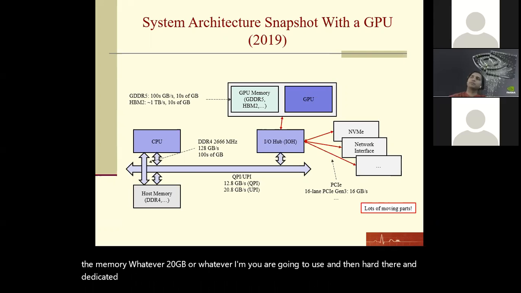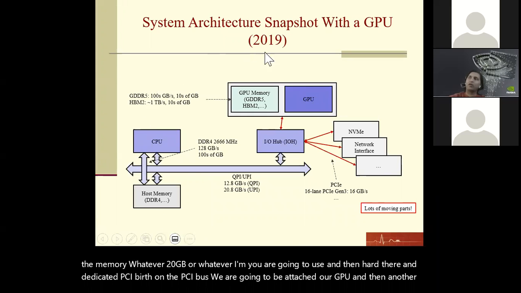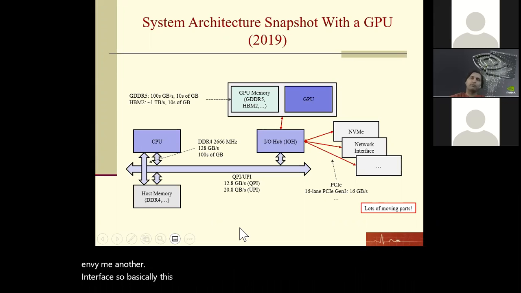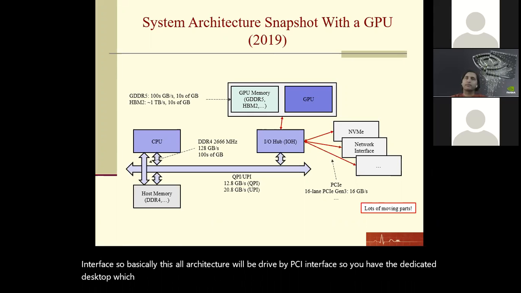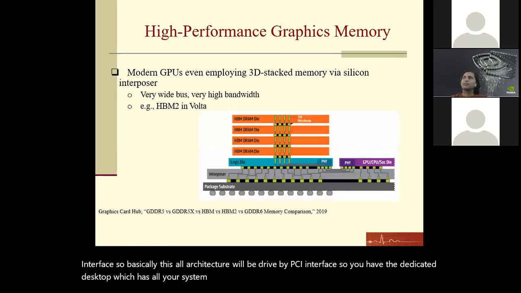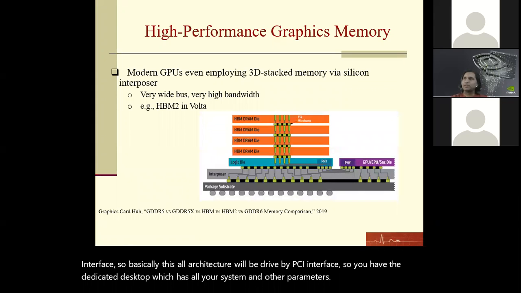On the PCI bus, we attach our GPU, and then an NVMe, another interface. So this whole architecture is driven by the PCIe interface. You have the dedicated desktop, which has all your system and other components. And then I can just skip this one.